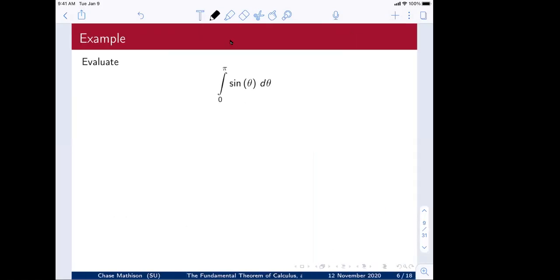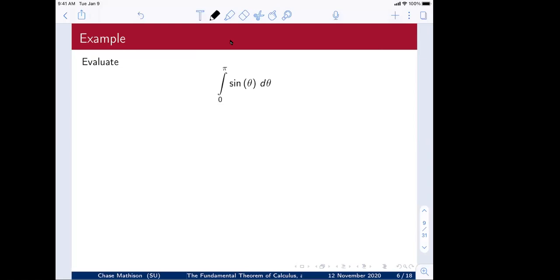All right, evaluate the integral from 0 to pi of sine of theta with respect to theta. All right, so again, I just need to find some antiderivative of sine of theta. So what function do you know that when you take its derivative, you get sine of theta? Cosine.